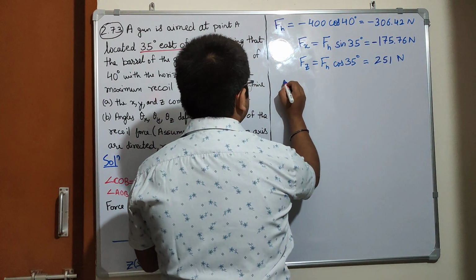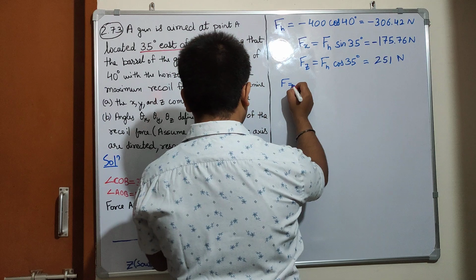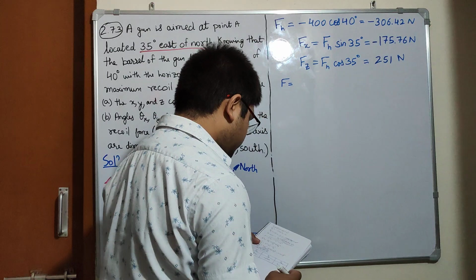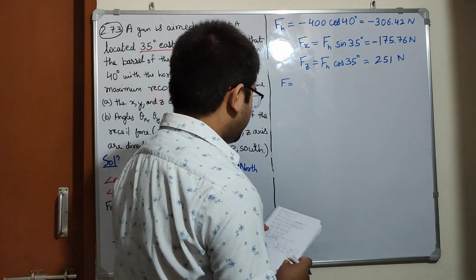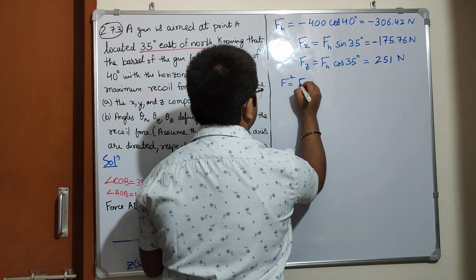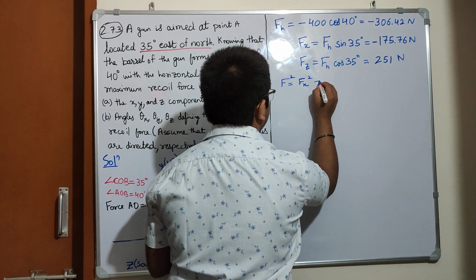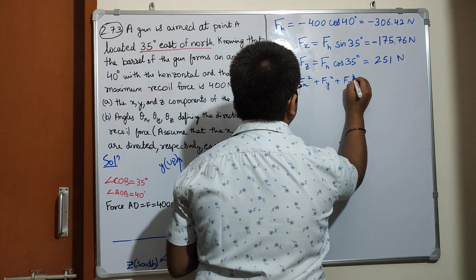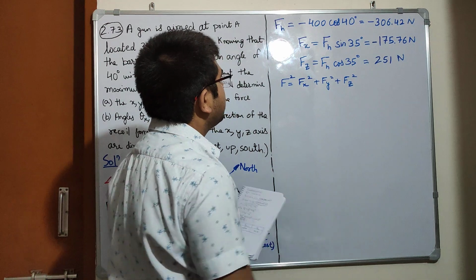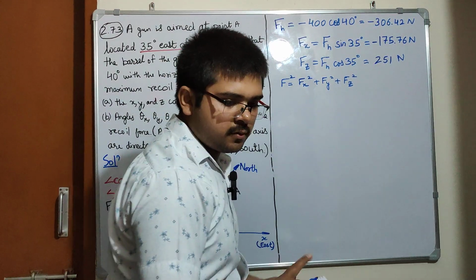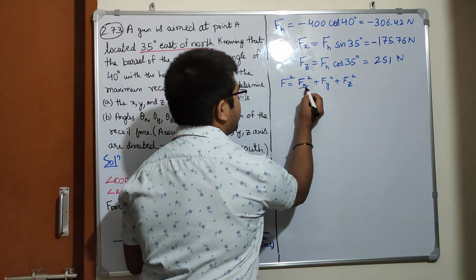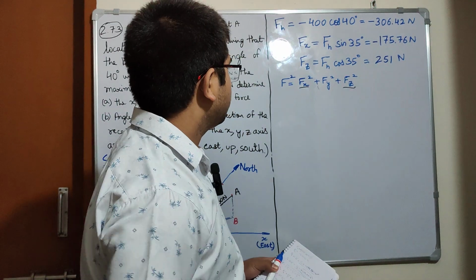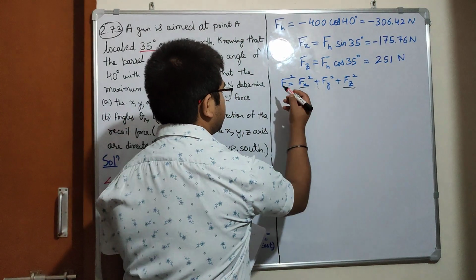Now we can say F square equals Fx square plus Fy square plus Fz square. We know Fx and Fz, and F also we know.